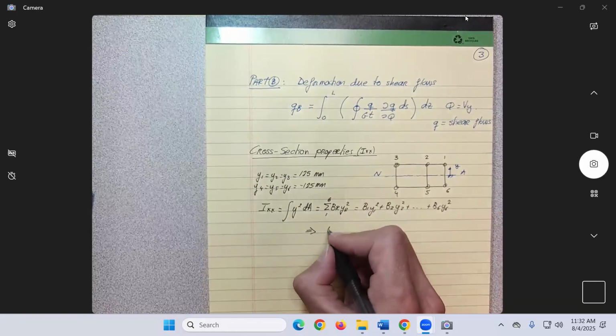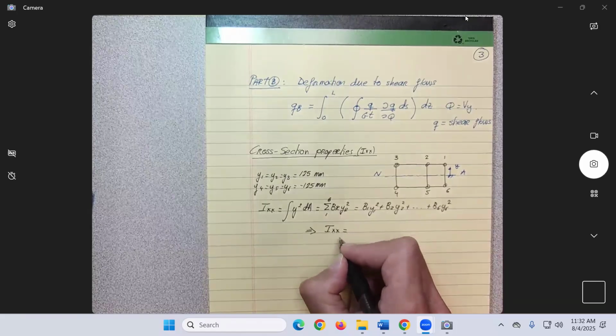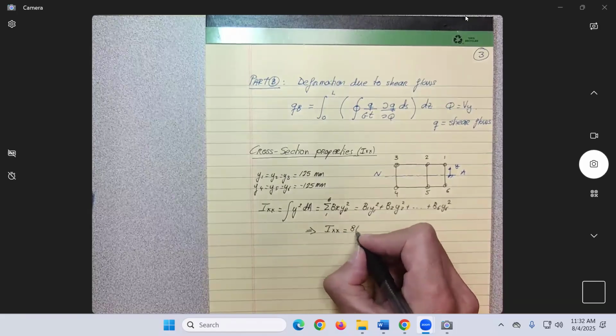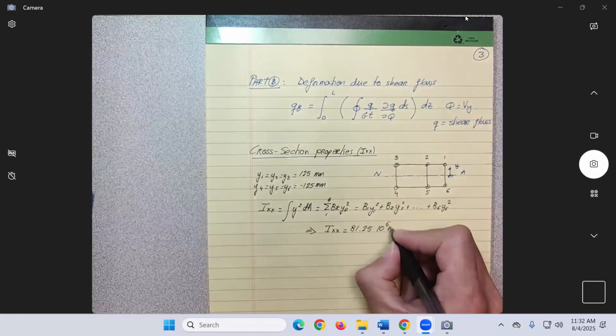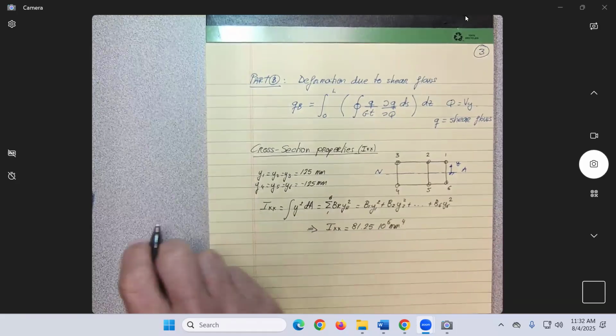And if you do the calculation, you find Ixx equal to 81.25 10 to the 6 millimeters to the 4th.